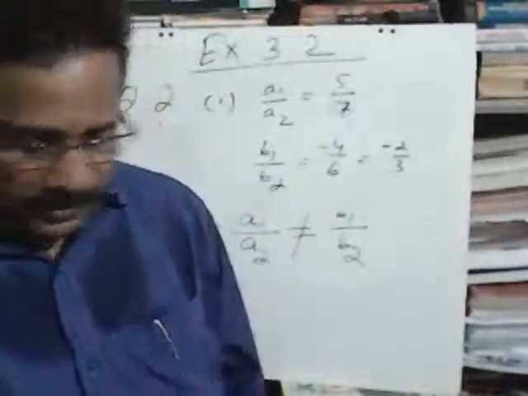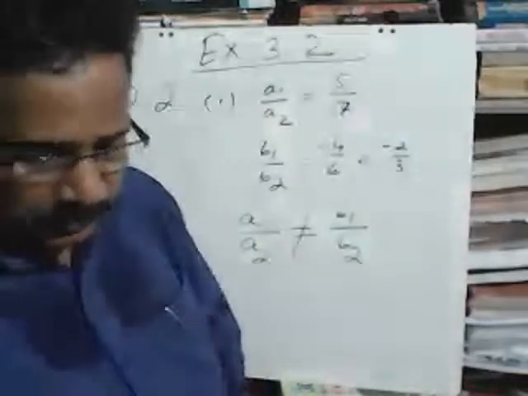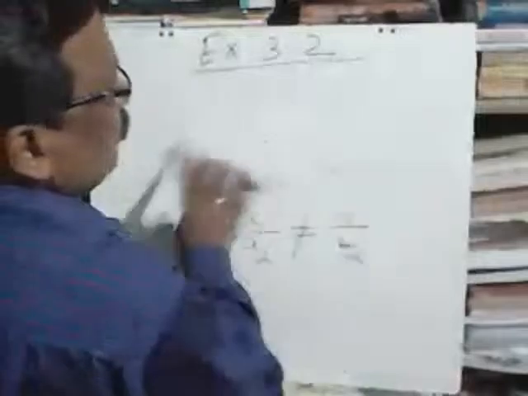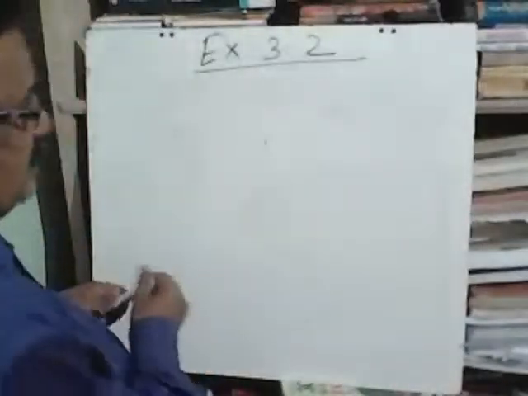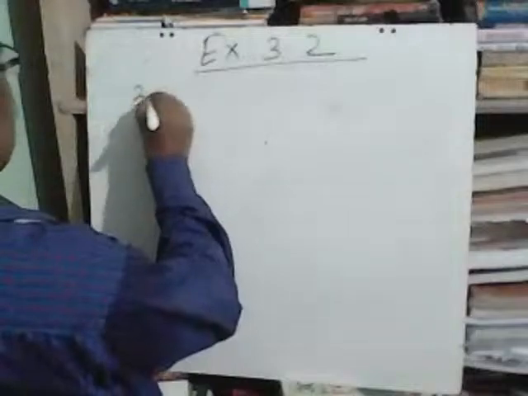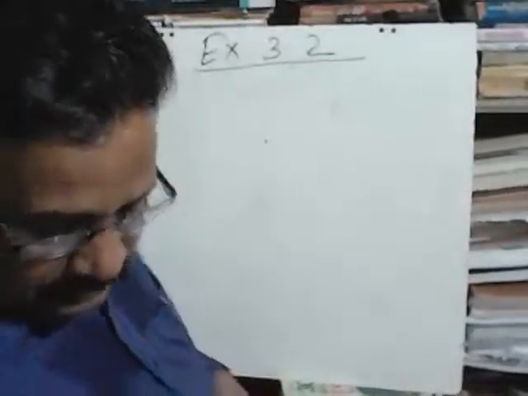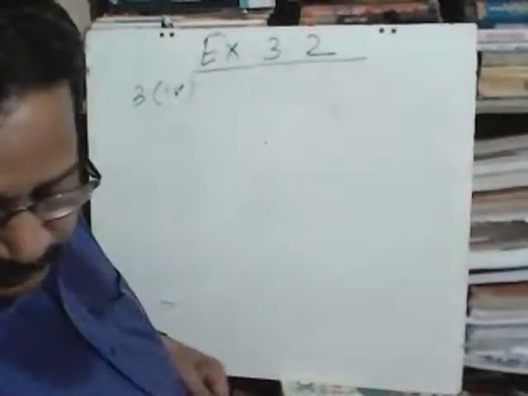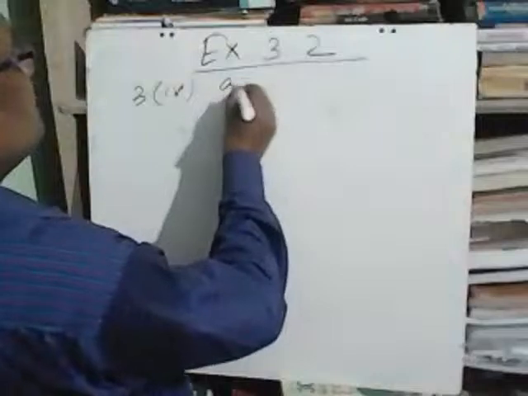Accordingly, you will write. Now I am doing question number 3, fourth bit, part IV. You will do the rest, all are easy questions. Here, you see the question.